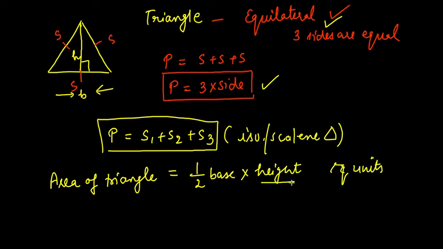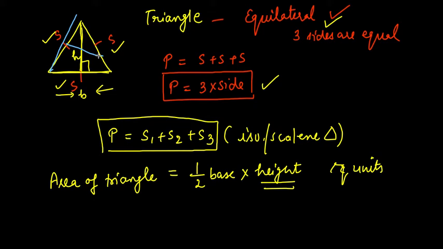This height is the one I have taken as H, and this is my base. Now height and base can be different since there are three sides in the triangle: first side, second side, and third side. If I change my base, if I take this as the base, my height will be this much. So your height and base will vary as per your figure.